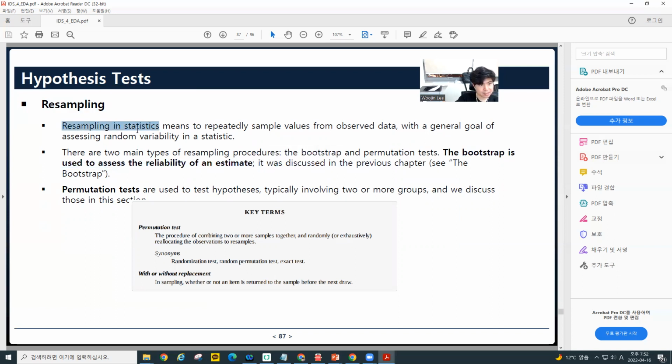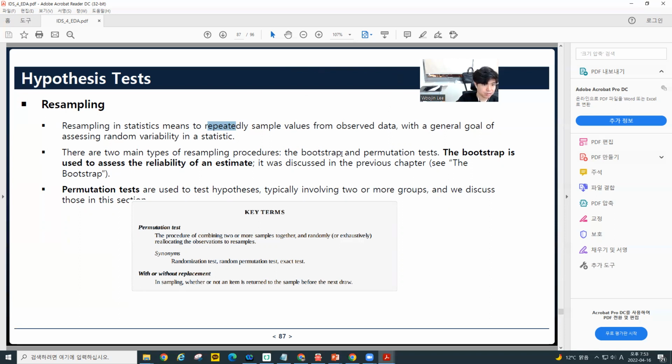By resampling the statistical means repeatedly with sample values, we can see how the two groups differ from each other, and then we can check the randomness of it.